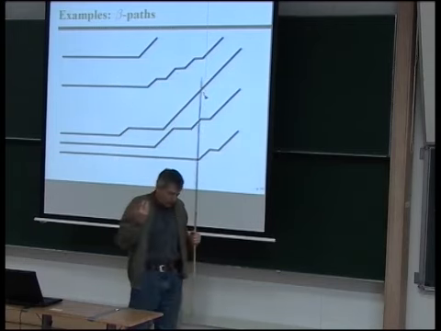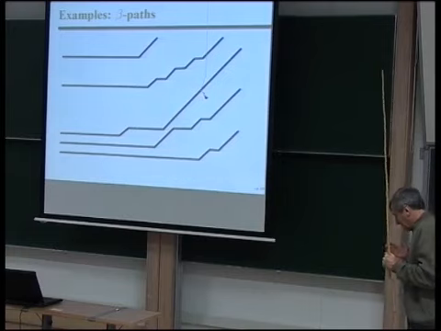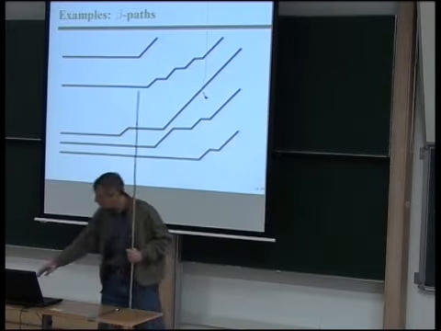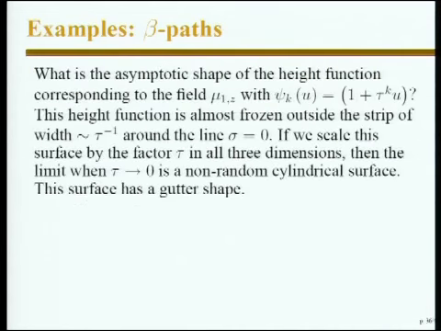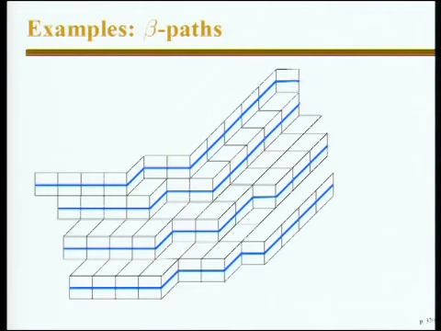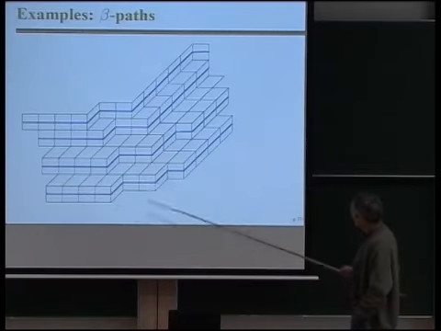So one should think about those fields as deformations of the various translation invariant lozenge tiling fields, and maybe I just show you some more pictures. Yes. So if you go back to pictures, and you want to interpret your random field as a surface in three-dimensional space, then this is how it looks like.